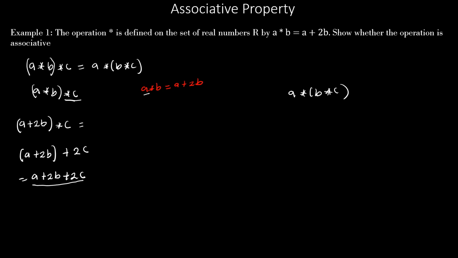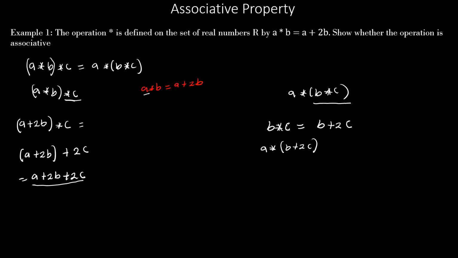So looking at the other part of the equation, we have A * (B * C). So we firstly have to consider B * C. We have B * C to be equal to B + 2C. So looking at the other part of the equation, which is A * (B + 2C).